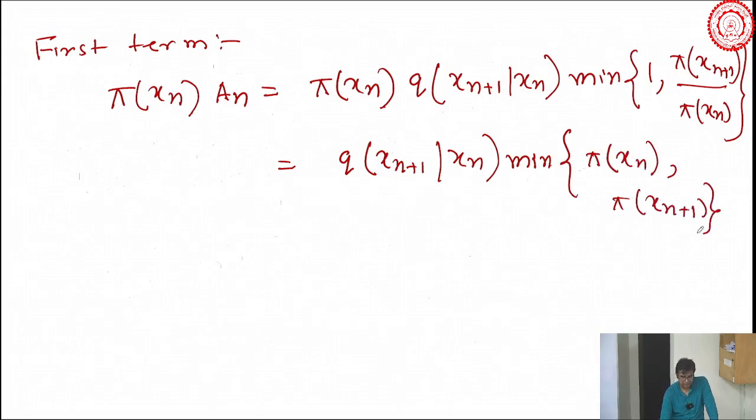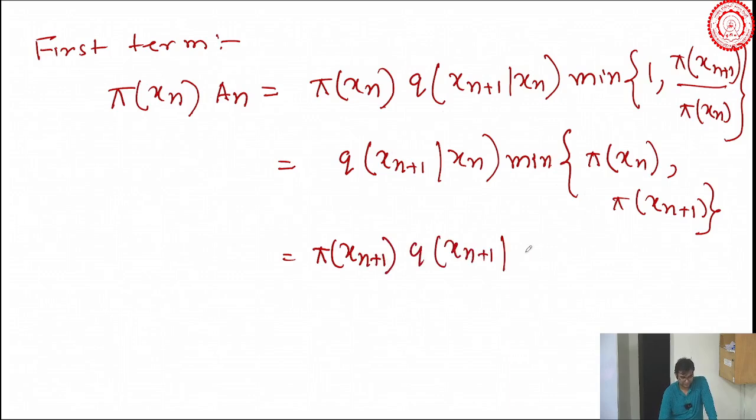Any idea what I will do next? Take it out. Exactly. So take pi xn plus 1 outside: pi xn plus 1 q xn plus 1 given xn times minimum of 1 comma pi xn by pi xn plus 1. I'll write the 1 first before that.